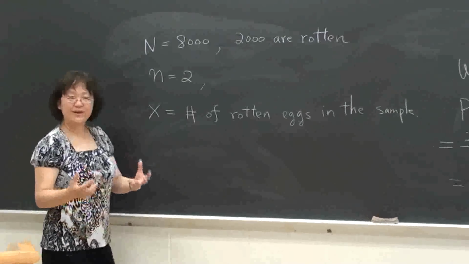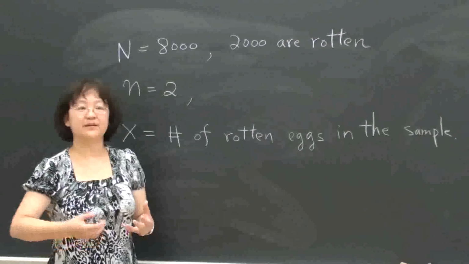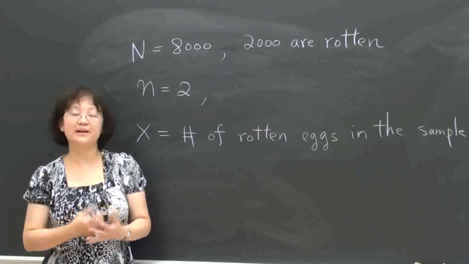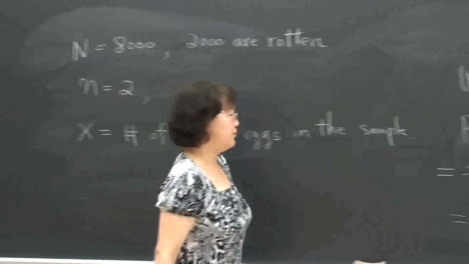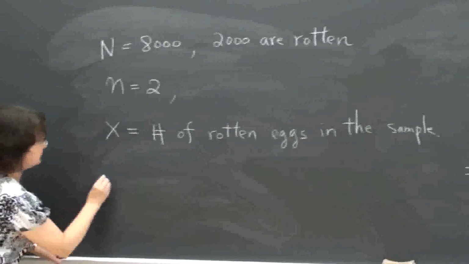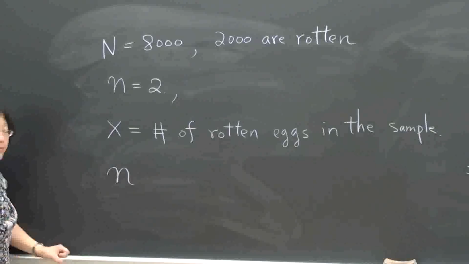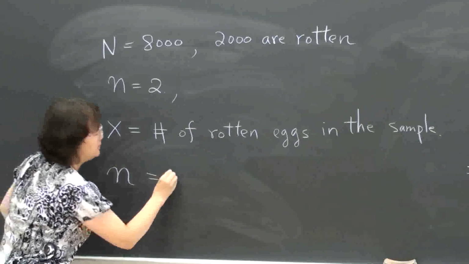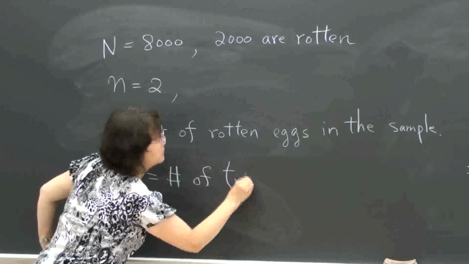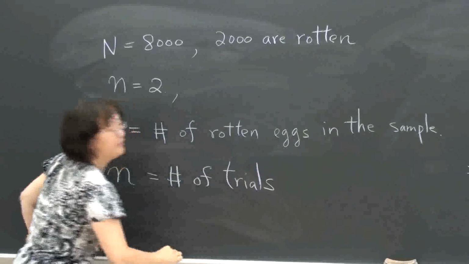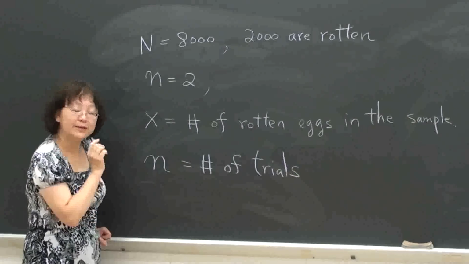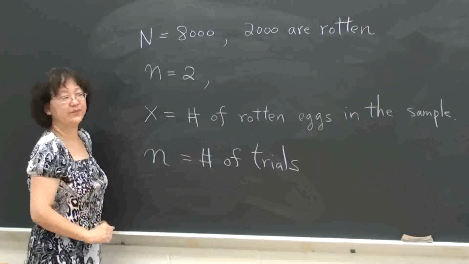How many samples do you take? In binomial distribution, it is the number of trials. So n in the binomial is equal to the number of trials. We pick 2 times, so the number of trials in this case is also 2.